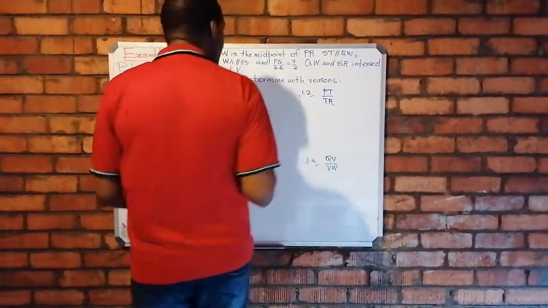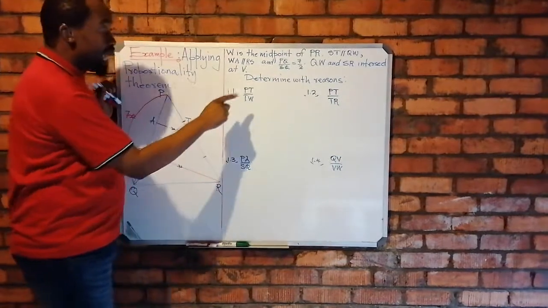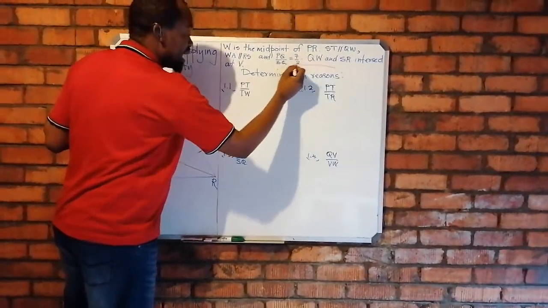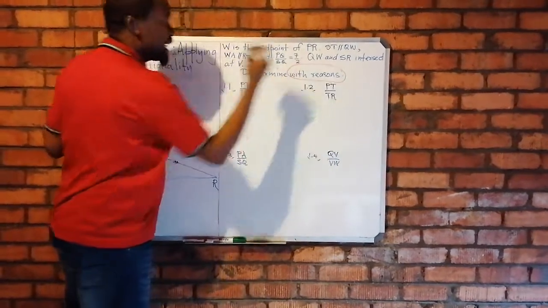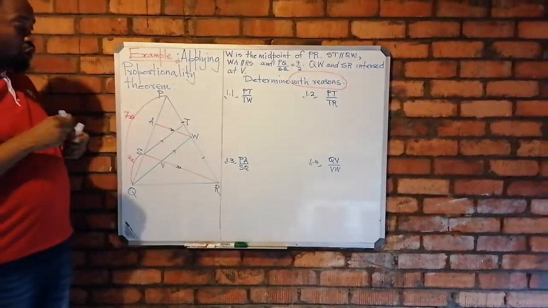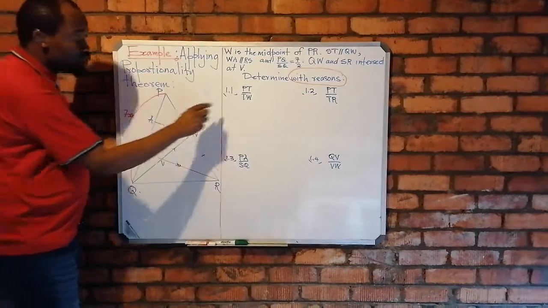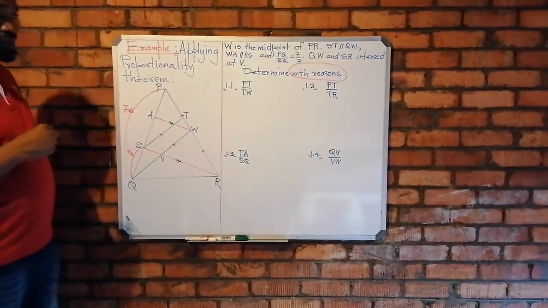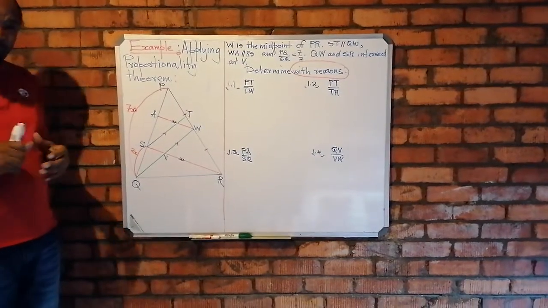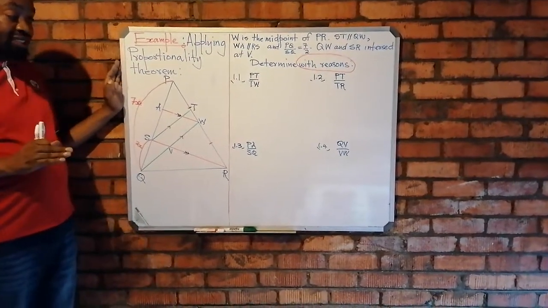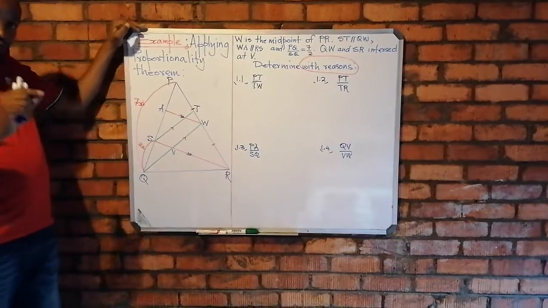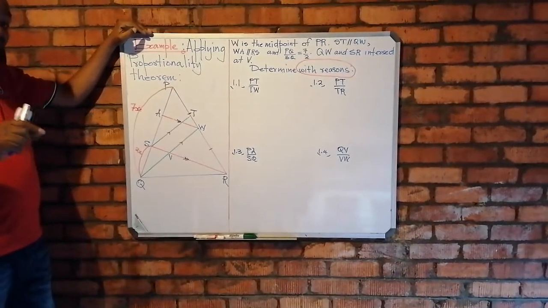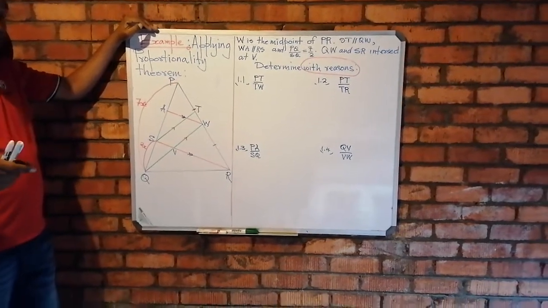Now, they want us to determine, very importantly, with reasons, the following. They want us to determine PT divided by TW. Now, remember what the theorem states. A line drawn parallel to one side of the triangle divides the other two sides in the same proportion.